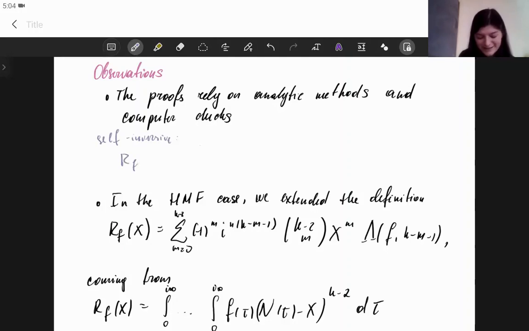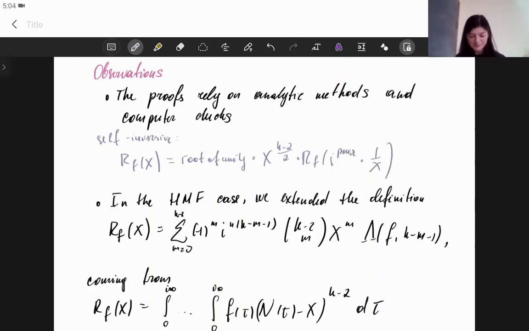For us, in our paper, it basically had that R_f of x is equal to a root of unity times x^((k-2)/2) times R_f of i^(some power) times 1/x. So this is where the self-inversive part is coming in.